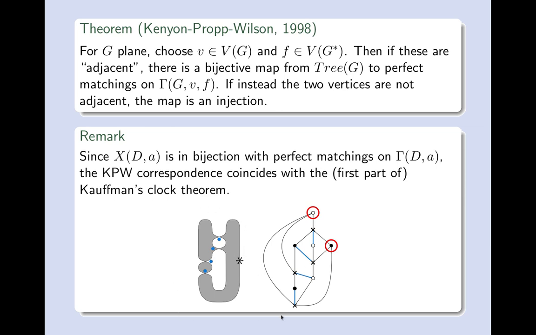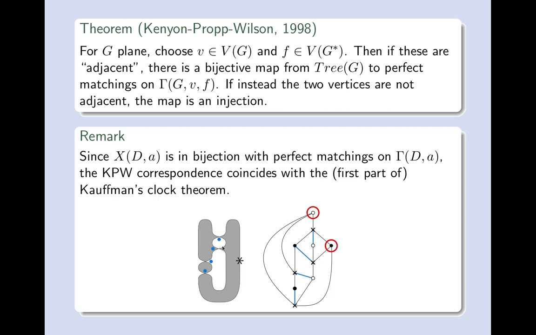So we have here the bijection between Kauffman states and perfect matchings on the Tait graph. We start here on the left with a marked projection. Again, this is the forbidden arc, and a Kauffman state in blue. And to this we can associate a matching on the reduced Tait graph, where these two vertices marked in red are removed.